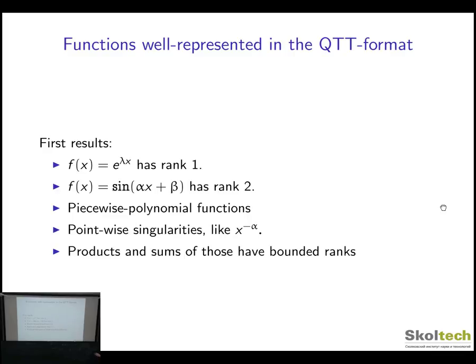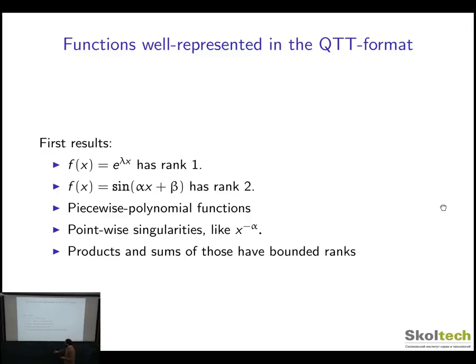So this line actually gives the hint why multiscale with scale separation works well. You have point-wise singularities, which can be approximated by exponential functions, and you have uniform oscillations that can also be well approximated by low rank. Both have bounded rank, so any linear combination and product of those also has bounded rank.